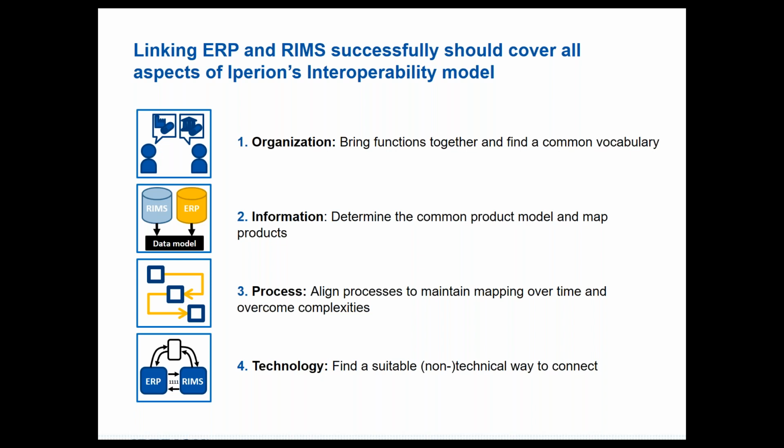The first step is to bring the right functions together. The second step is to define a common product model. The third step is to ensure that our processes align in order to keep the product mapping stable over time. And finally, when we have done all these, we can find a suitable technical or even non-technical solution.